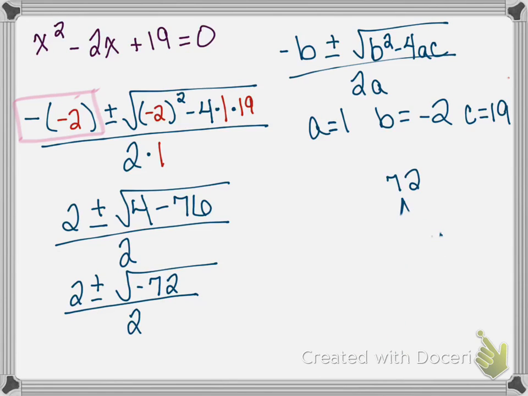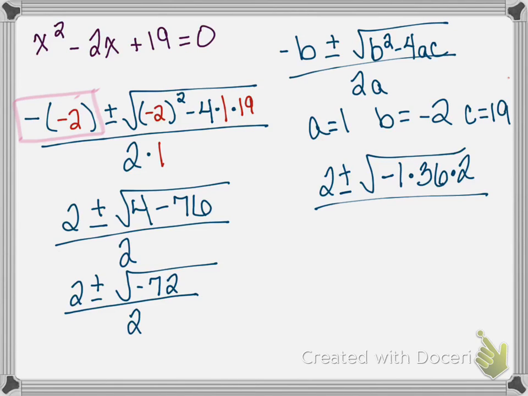So I'm going to write that down because we're going to simplify now. I've got 2 plus or minus the square root of negative 1 times 36 times 2. Then I have 2 plus or minus i. What's the square root of 36? 6. Good.